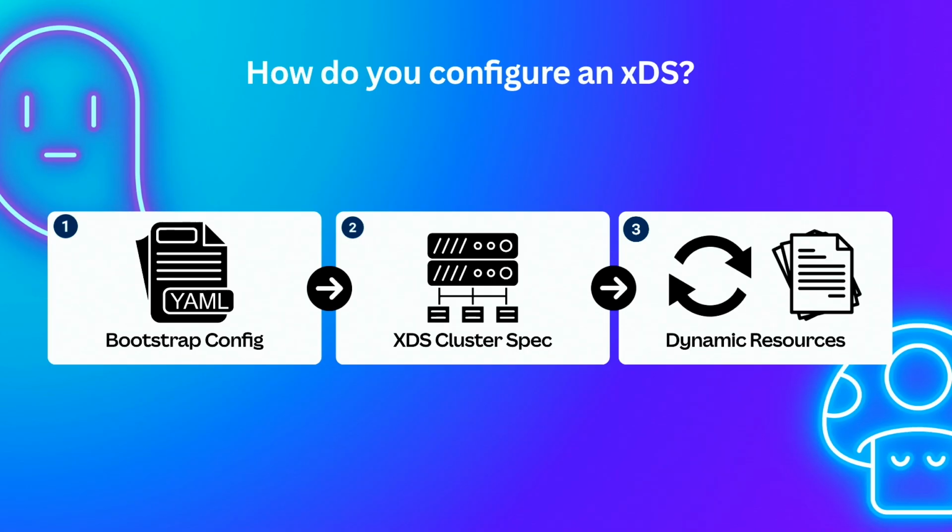Well, you have this thing known as a bootstrap config, within which you statically define a cluster which is your xDS control plane, and then from there you load your dynamic resources.